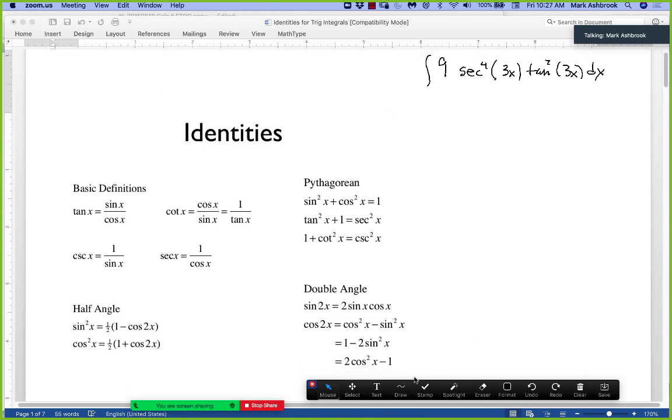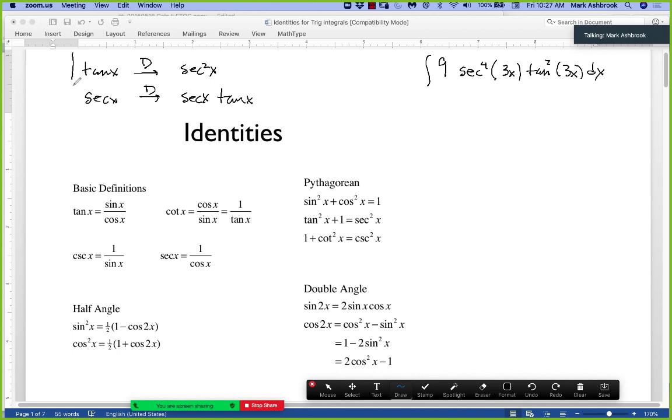Okay, so remember what we talked about. So what's the derivative of tangent x? We've got all these tangents and secants, so this makes us think about tangent and secant. The derivative of tangent is secant squared. And the derivative of secant is secant tangent.